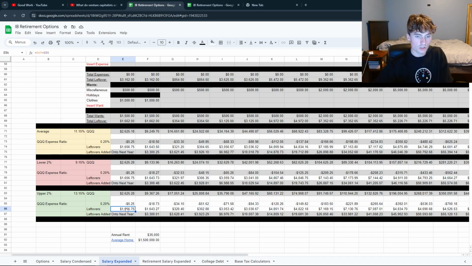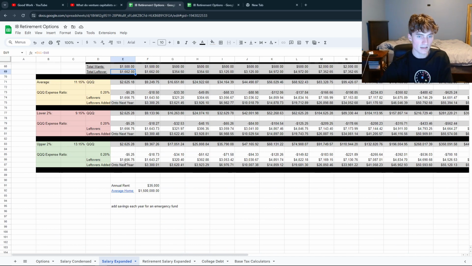This is how much you have left over after all of your expenses every single year, your salary. This is the leftovers added on to each year. This is also leftovers after you add or take away that expense ratio from your QQQ.